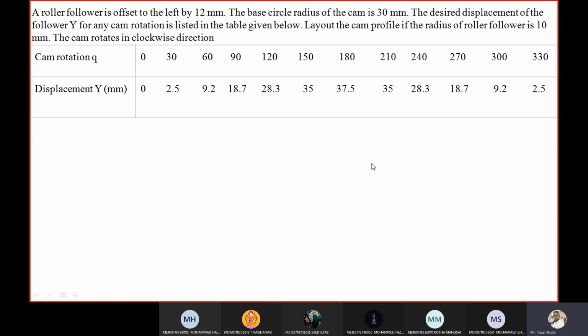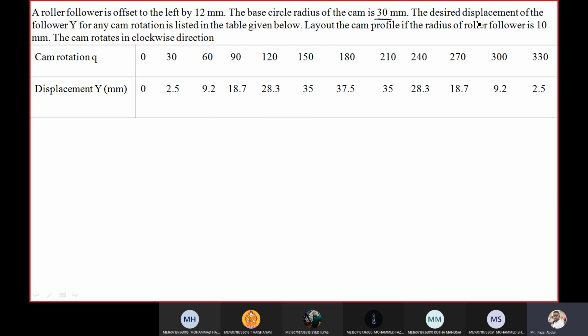See the question. This is another type of question. A roller follower is offset to the left side by 12 mm, and the radius of the base circle of the cam is given in mm.